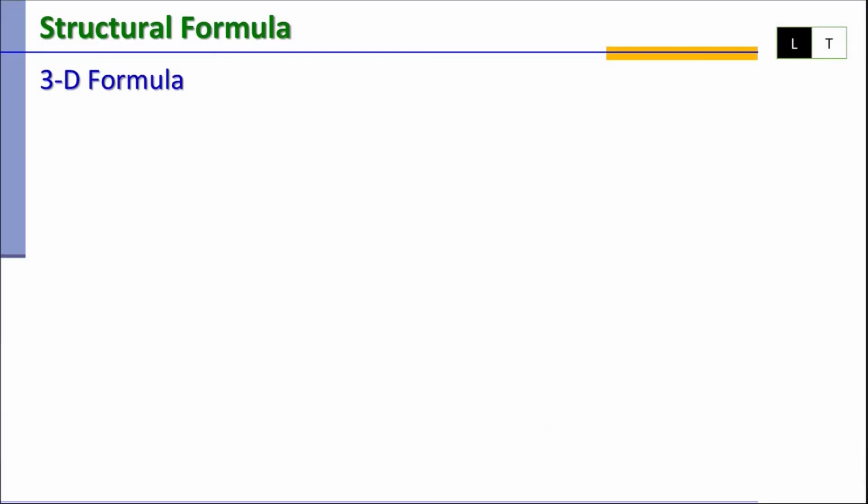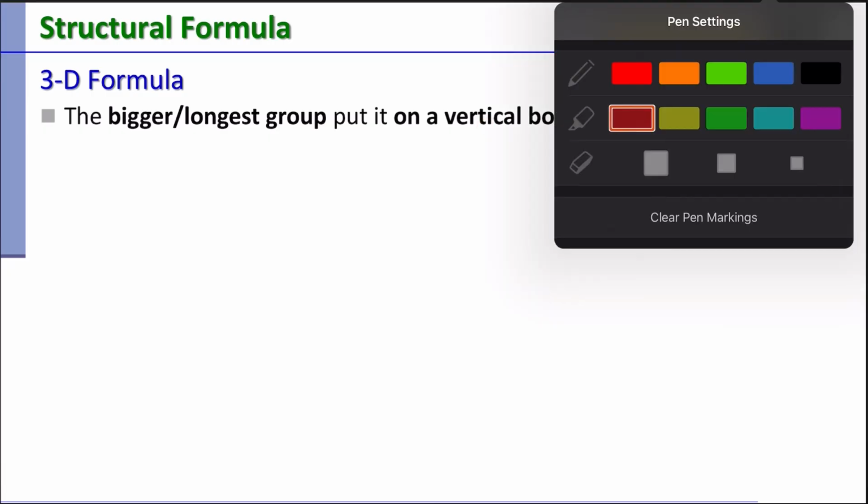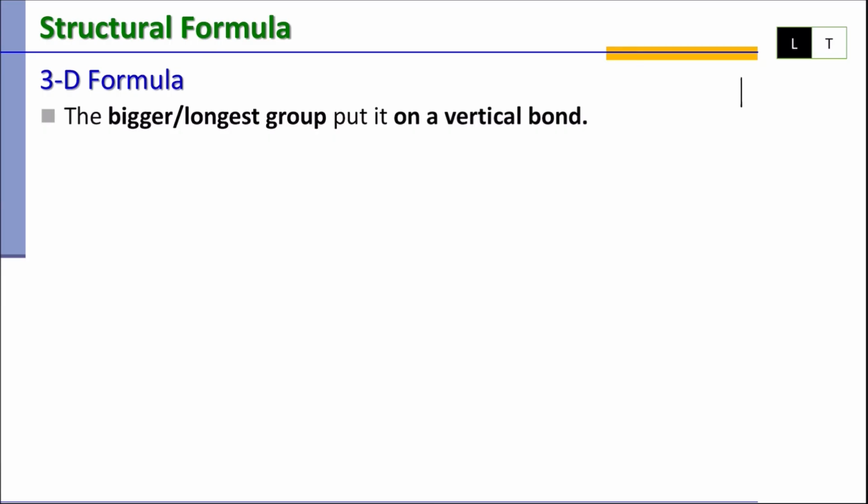However, macam mana kalau dalam group awak ada single atom ataupun awak ada a bulky group ataupun alkyl group. So di sini awak akan consider the bigger or longest group will be on vertical bond. So, vertical bond yang mana? Vertical bond adalah yang dalam bentuk in the plane macam this one.